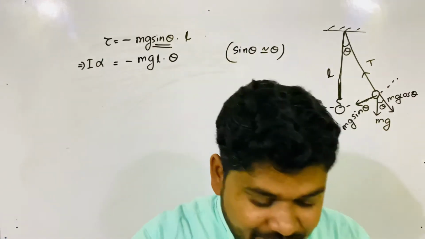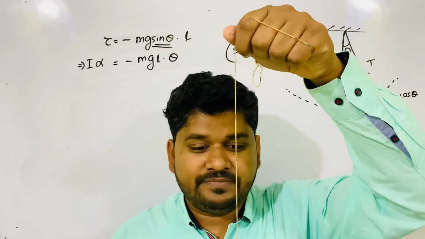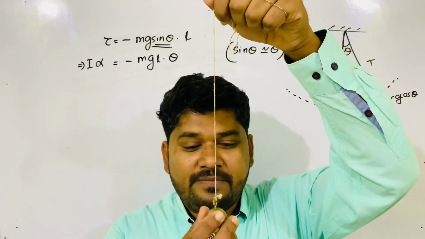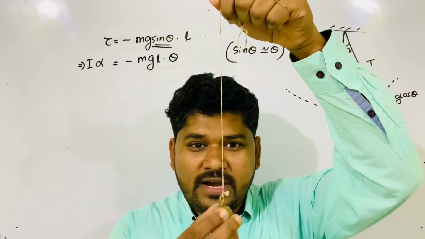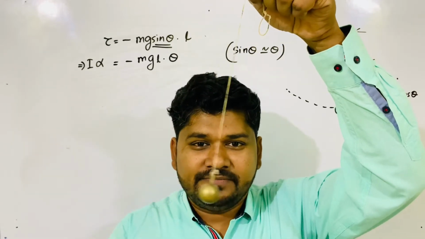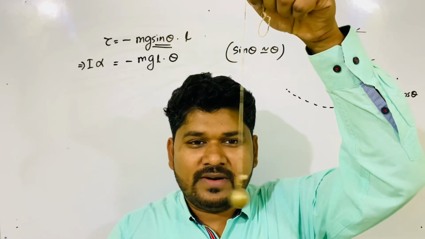In the practical lab, when you find the time period of the pendulum, you have to displace the pendulum by a small angle and then find its time period by counting the number of oscillations.